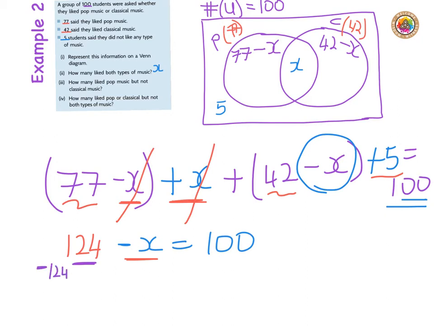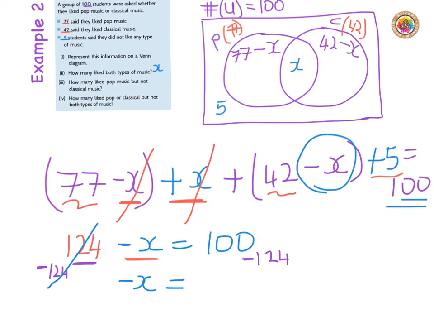Now, the important thing with maths is, if I do something to one side, I have to do it to the other. So this minus 124 that I've just done here, I'm also going to do on the other side. So I have 100 take away 124 over here. 124 minus 124 is going to cancel, so all that leaves on this side of the equals is the minus x.